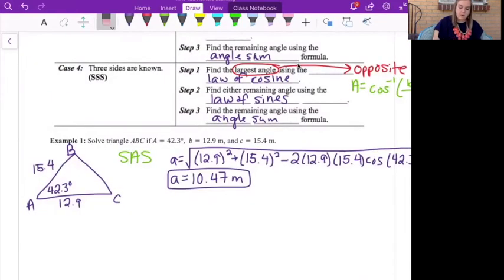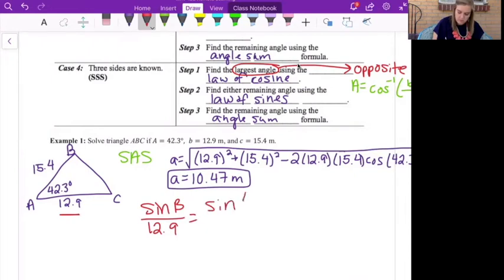And now I want to find the smaller of the two sides. And so the smaller of the two sides is going to be side B. So we're going to do sine of B over 12.9 equals sine of 42.3 over our side that we just found, 10.47.